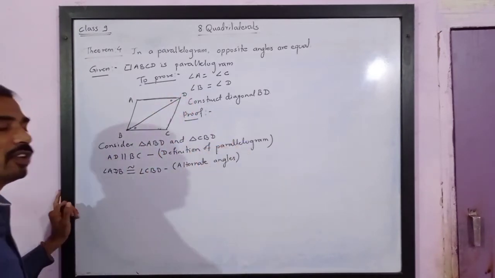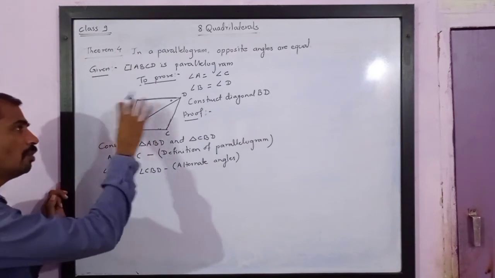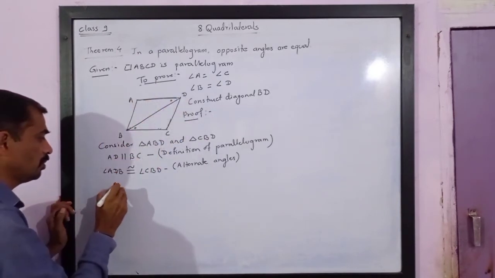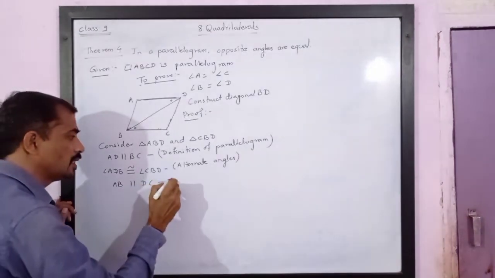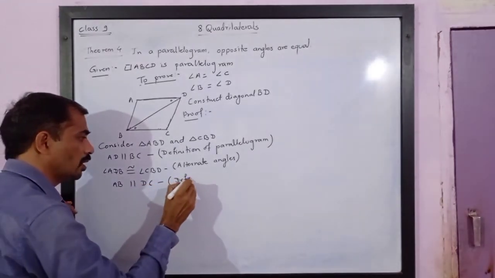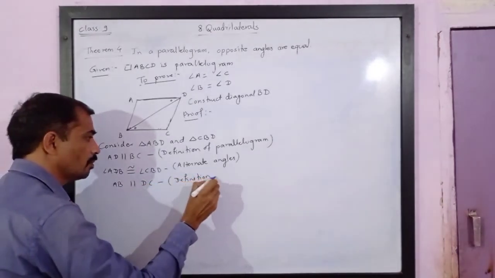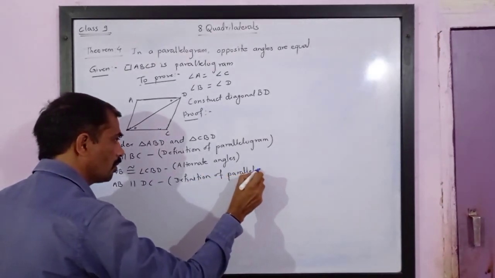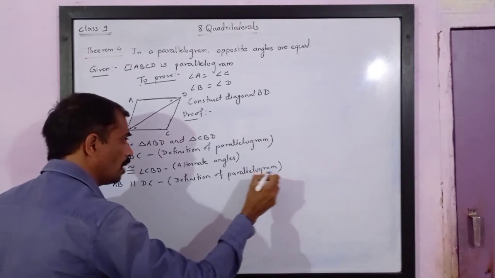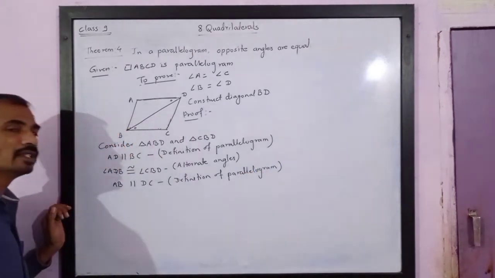It is also because of definition of parallelogram. So AB is parallel to DC. Reason is definition of parallelogram. We know that opposite sides of parallelogram are always parallel.